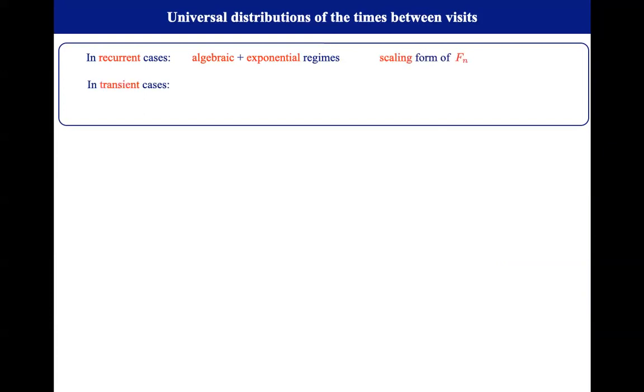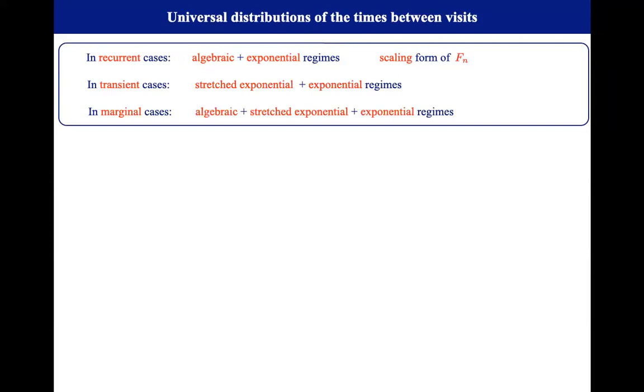In a transient case, this is very different. At early times, you have a stretched exponential regime, followed by an exponential regime, and you do not have any scaling. In the marginal case, you have a combination of both: three regimes, algebraic, stretched exponential, and finally exponential.